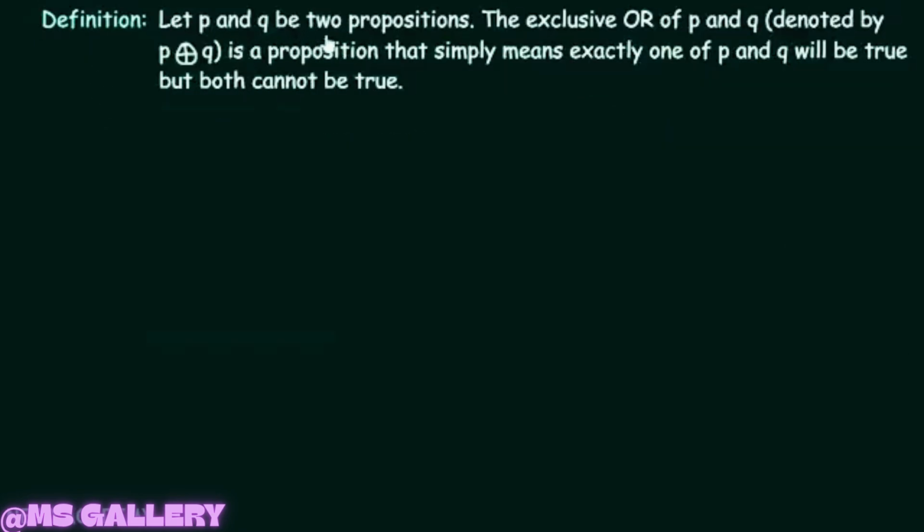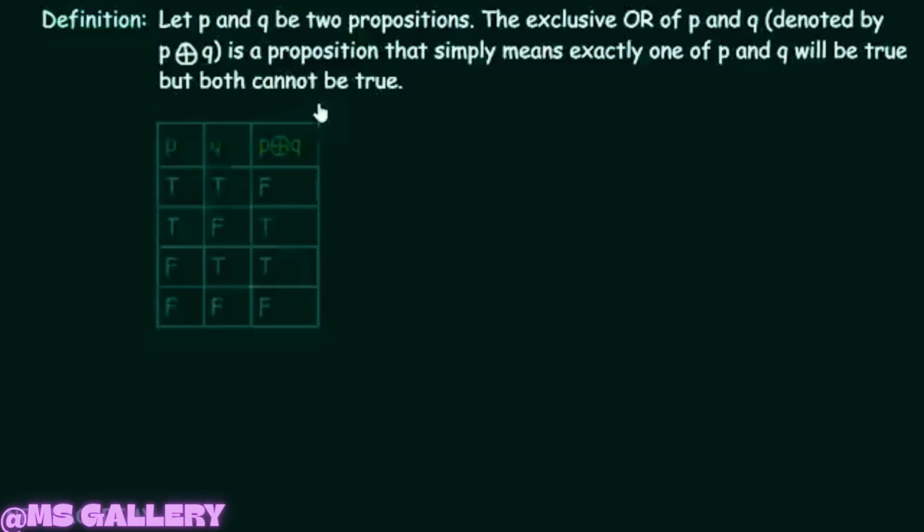Now let's consider the definition of the exclusive OR operator. Let P and Q be two propositions. The exclusive OR of P and Q, denoted by P XOR Q, this is the symbol we are going to use for the XOR operator, is a proposition that simply means exactly one of P and Q will be true, but both cannot be true.